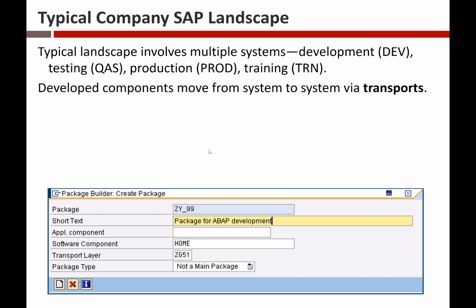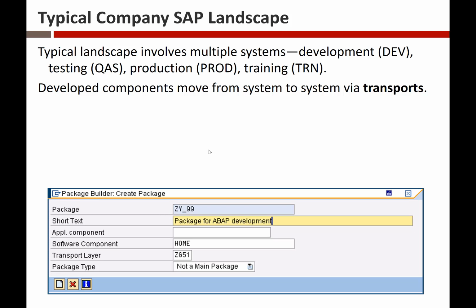So everything we do in ABAP development is done understanding that our program is eventually going to move to other systems. So SAP architected the development process to force us to work in that fashion. And so we have what are called system transports, which I like to think of as like little barges or boats. And so what happens here is whenever we develop something, we put it in a transport.